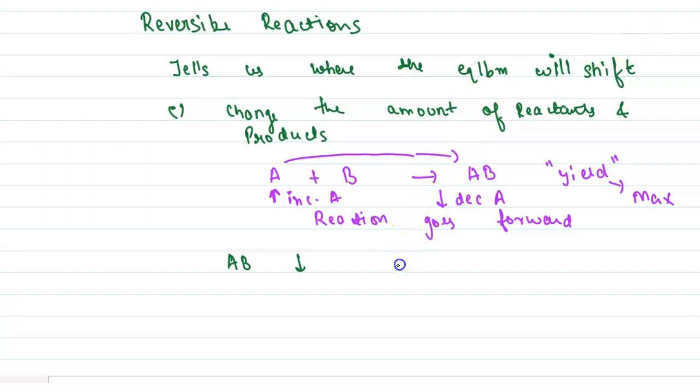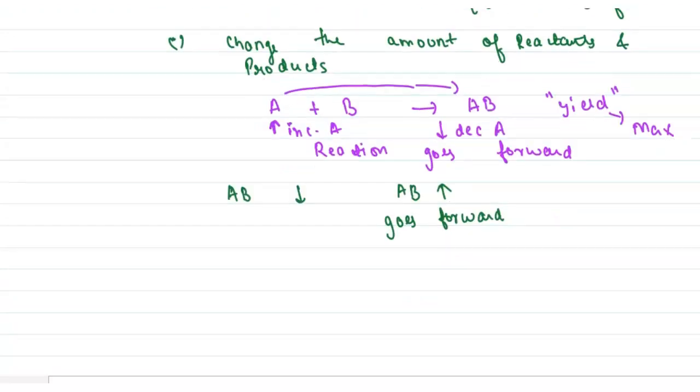It will try to increase AB. Once again, the reaction goes forward. The effect of your changes can be decided by that principle, Le Chatelier's principle. So Le Chatelier's principle, when we change the concentration, can be applied this way.